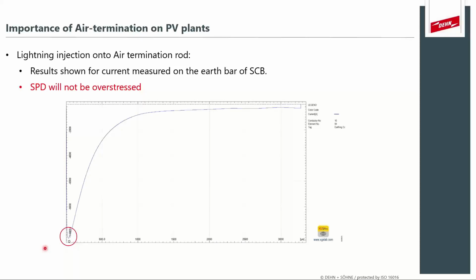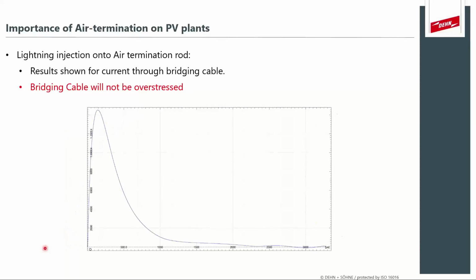So this is textbook to what the standard says, why they want these air termination rods and these dedicated components and the grounding meshes. And it ties up perfectly with what we want to achieve with surge resistors and the electrical system. Then we look at the bridging cable again as a sanity check, and we see again that the value in this case is a little lower, but still obviously within limits.